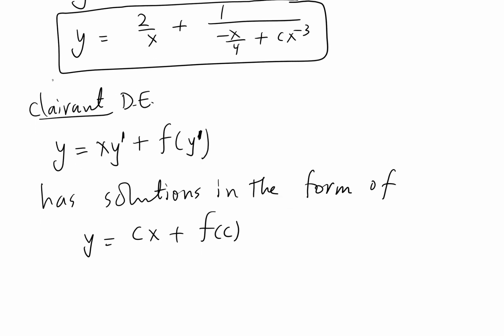C is a constant here, so f of c would be a constant as well. So y equals c x plus f of c is basically a family of lines, right? For every c value you will be getting a straight line. So these straight lines will satisfy the given differential equation.